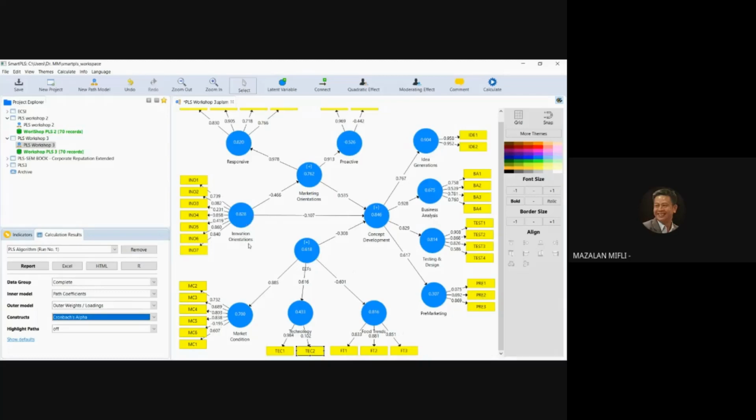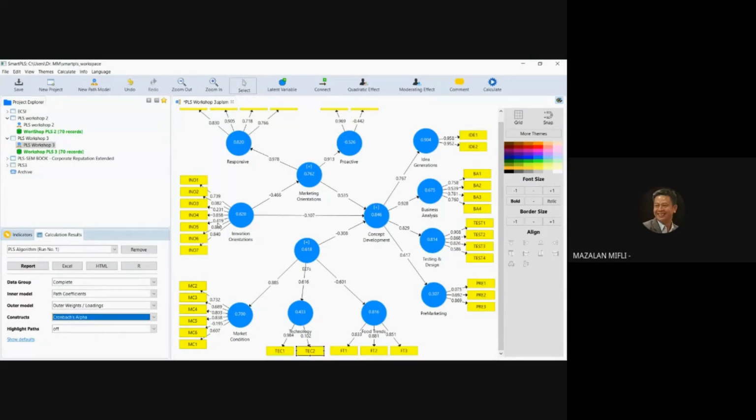Let's look at the innovation orientation. We have INO 2 also low, INO 3 also low, INO 5 also low. Like I shared with you before, omit those factor loadings that are extremely low first.